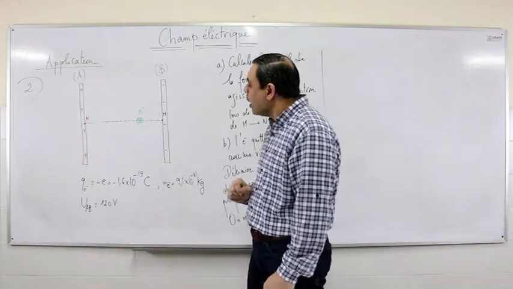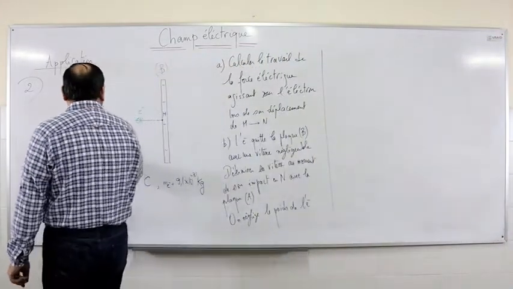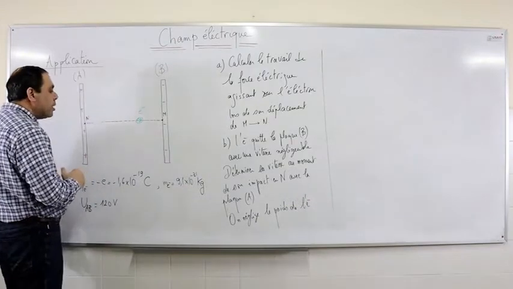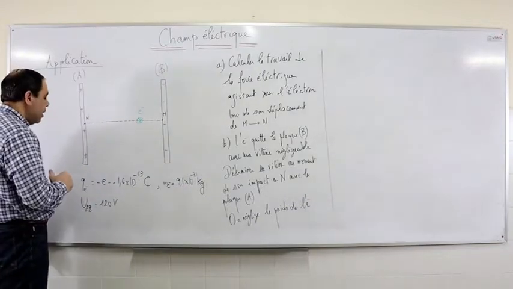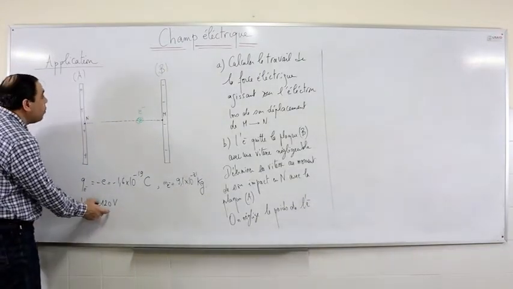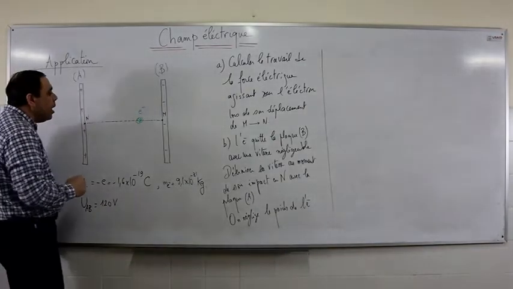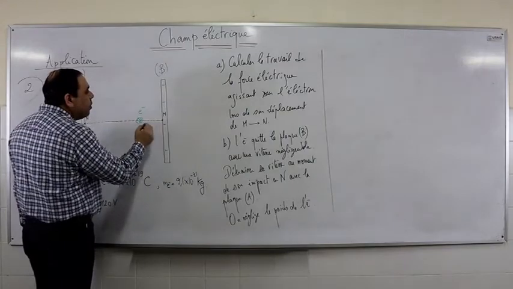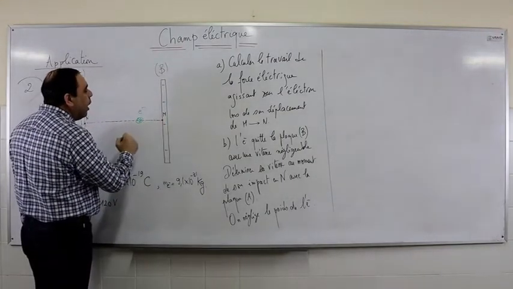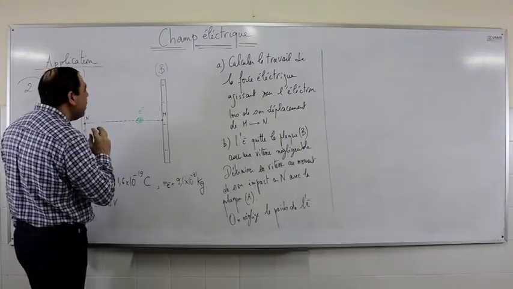In the second application, we have two parallel plates separated by a certain distance. The plates are subjected to a voltage UAB equals to 120 volts. An electron exits plate B from point M without initial speed.